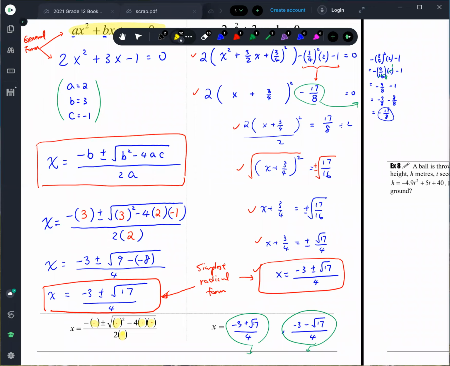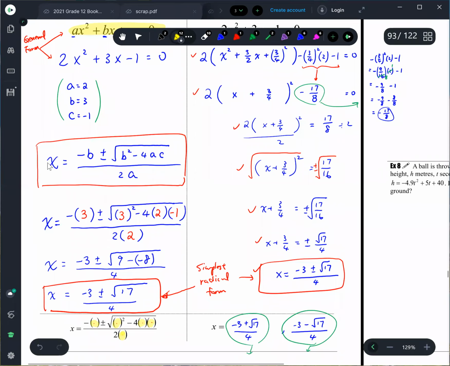If you are interested in how they figure out the formula step by step, you can Google it, right? You can type in quadratic formula. Then they should have the steps showing you how to go from general form into x equals, into isolating the x.